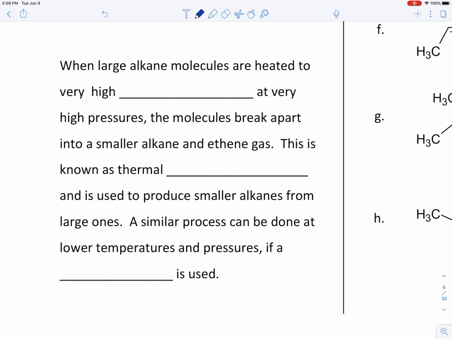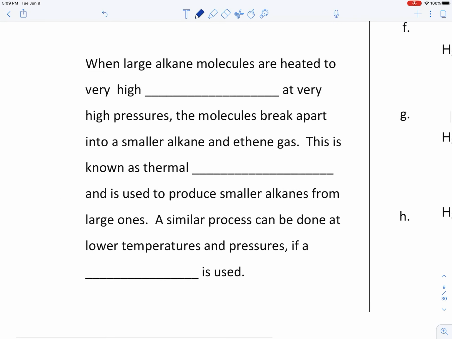All right, this is a little bit of application of organic chemistry to oil refining. When large alkane molecules are heated to very high temperatures and very high pressures, the molecules break apart and they form smaller alkanes, and they also form ethene gas.